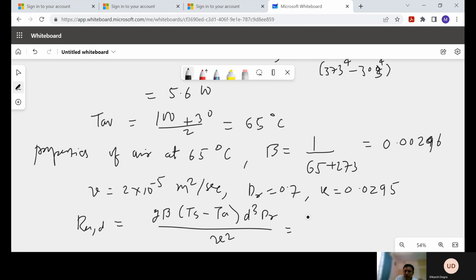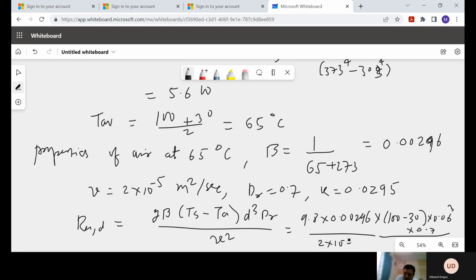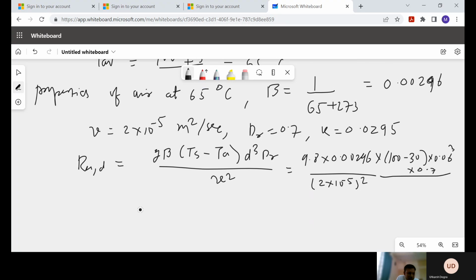So we can put all the values here. 9.8 multiplied by beta is 0.00296, 100 minus 30, D cube is 0.06 cube, into Prandtl number 0.7, and this entire thing is divided by nu square, that is 2 into 10 raised to power minus 5 square.